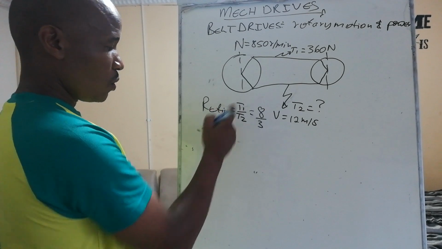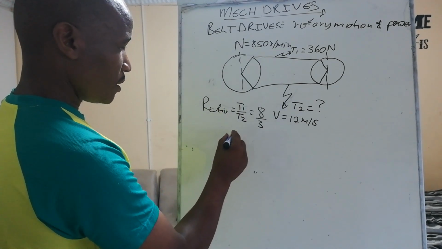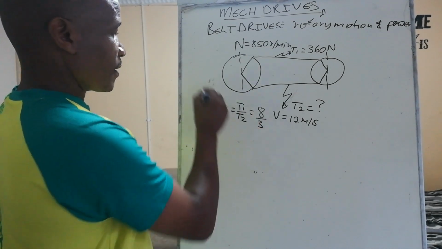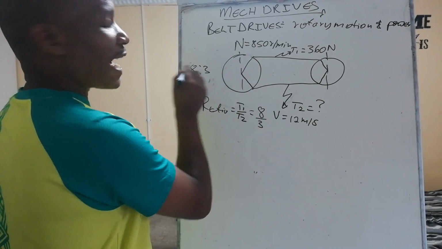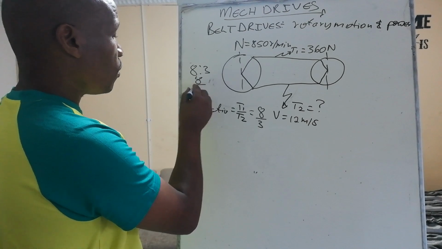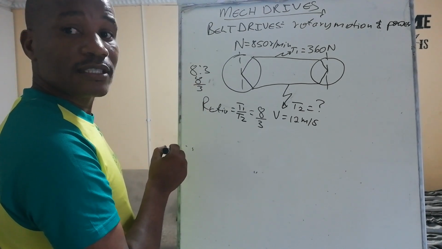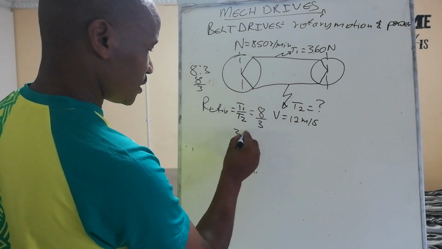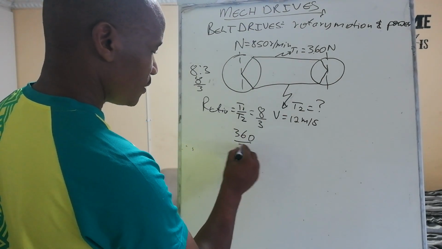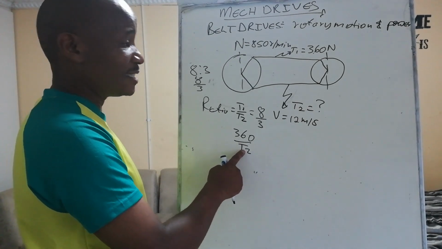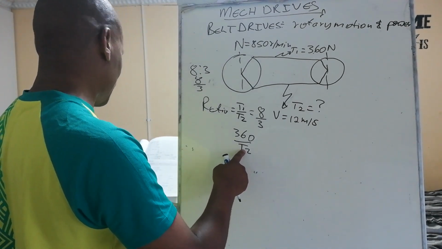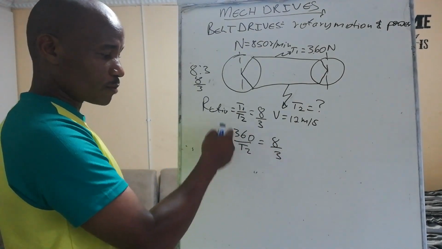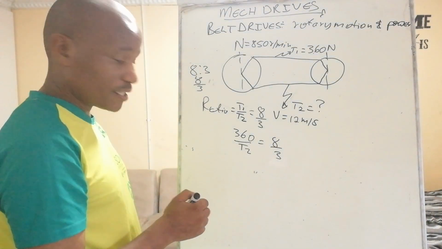But now look, we've got the ratio is 8/3. 8:3, guys, is the same as 8/3. It is T1 divided by T2, which is 360 over T2. You want the tension in the slack side. Let's cross multiply and find T2.